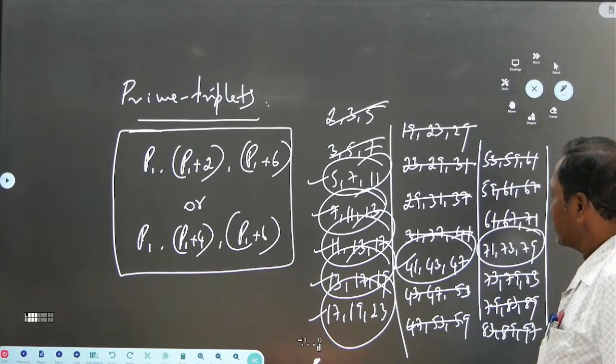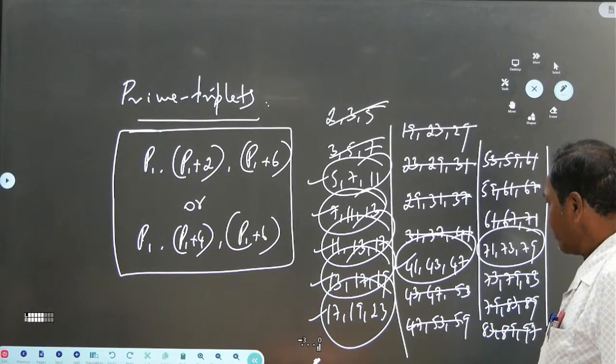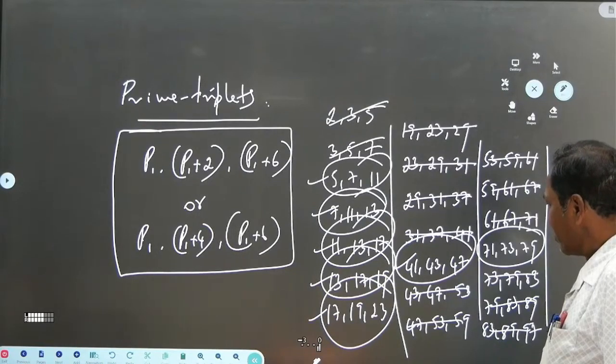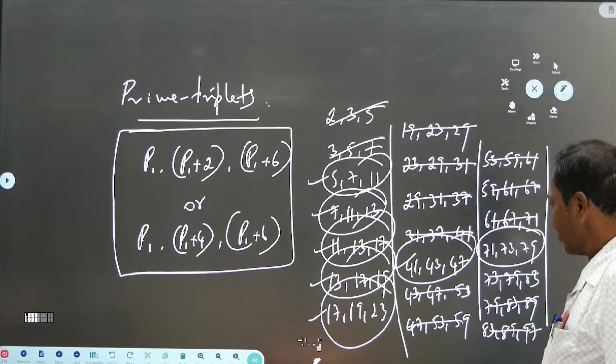Like 31, 37, 41, 43. This we have taken, okay. 43, 47, 49, it will not come. 51 also, 51 will not be possible. 47, 53. 47, 48, 49, 50, 51.